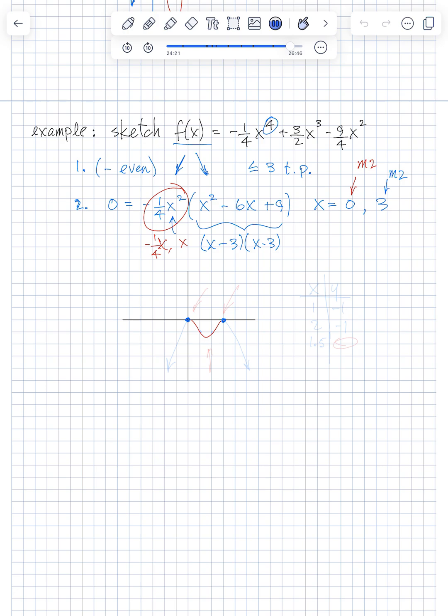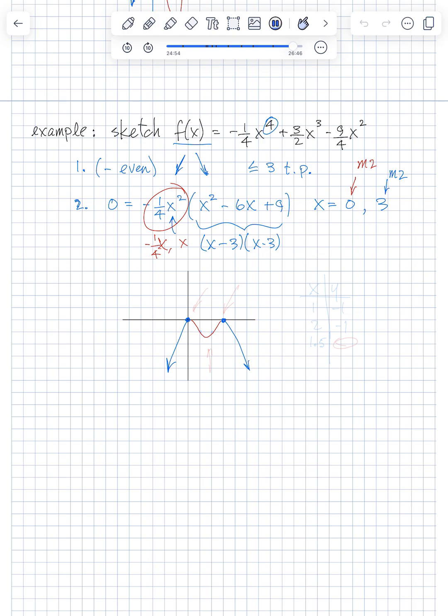And we know that this is going down on the left, and it's also going down on the right. But we also know that it doesn't get above the x-axis, because 2 zeros at x equals 0 means it just touches and then goes back down. And likewise at x equals 3, it just touches the x-axis and comes back down.